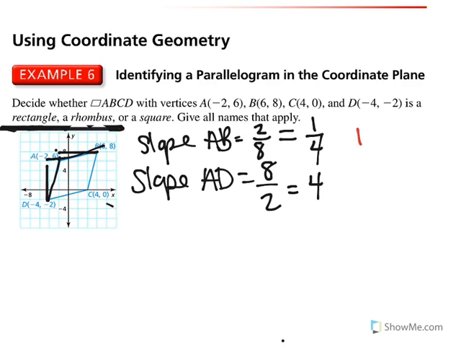Now, in order for it to be a perpendicular slope, it has to be the opposite reciprocal. Okay. In these cases, they are reciprocals, however, one of them is not negative. Okay. So in order for this to work, this should have been a negative. So it's not a rectangle.